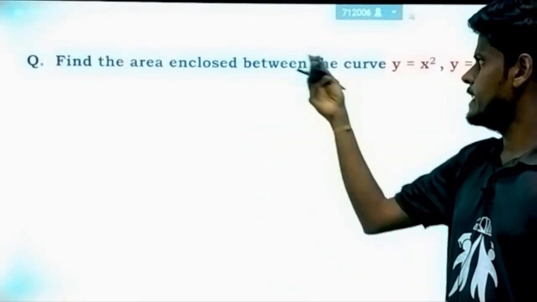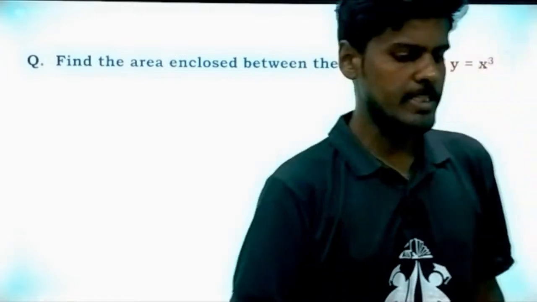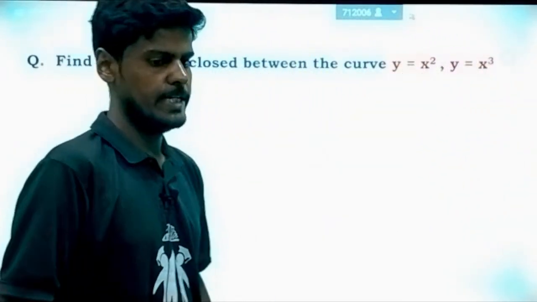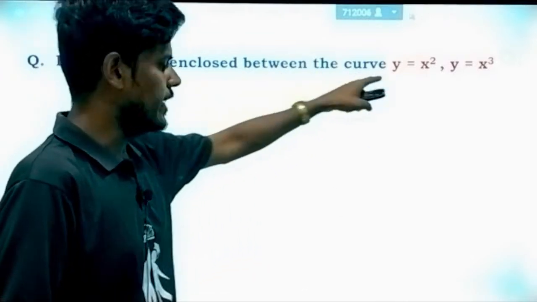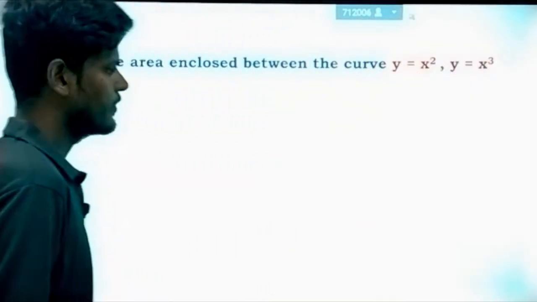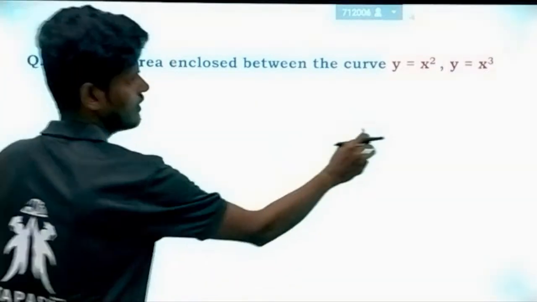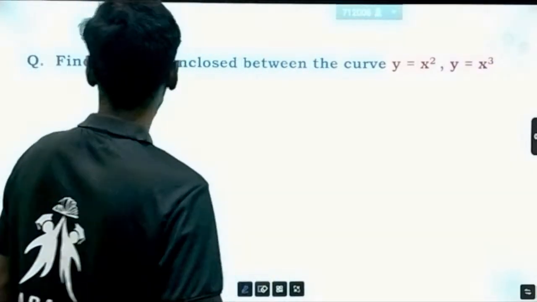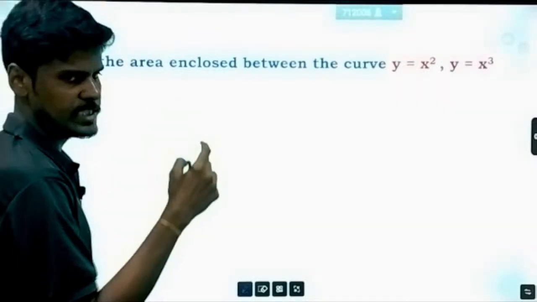Next is to find the area enclosed between the curve y is equal to x square and y is equal to x cube. Okay, what is the first step?